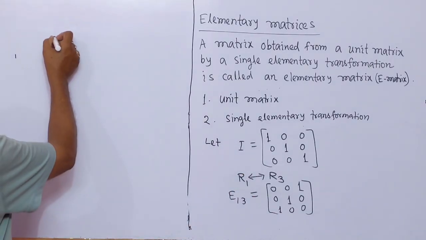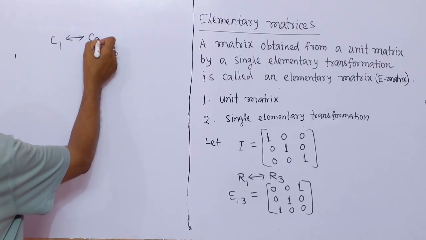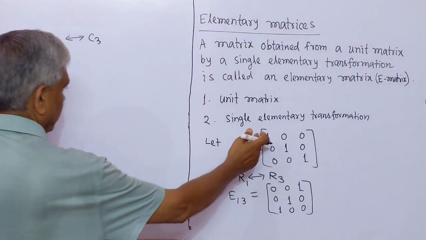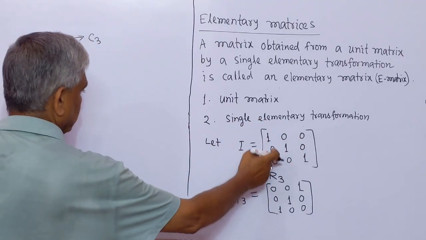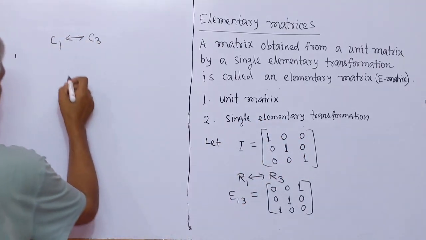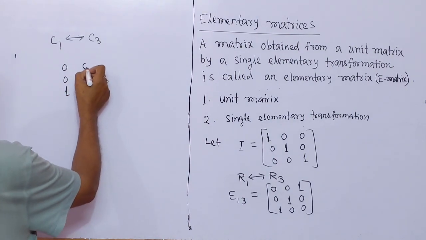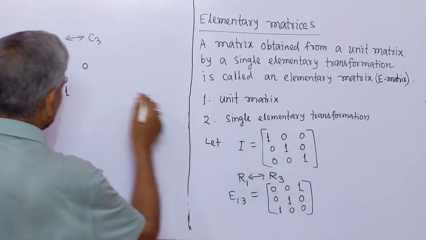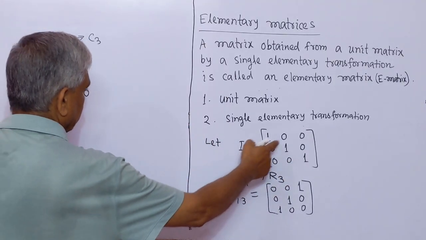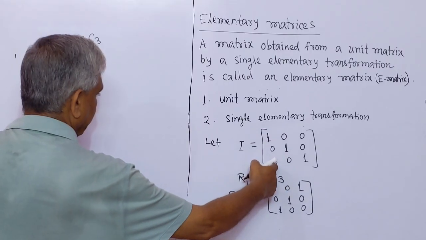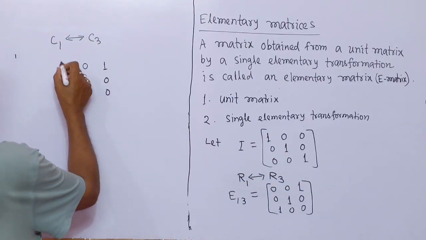Let us interchange the first column and third column. In the position of the first column, we write the elements of the third column, 0 0 1. The second column remains the same, 0 1 0. And in the position of the third column, we write the elements of the first column, 1 0 0.